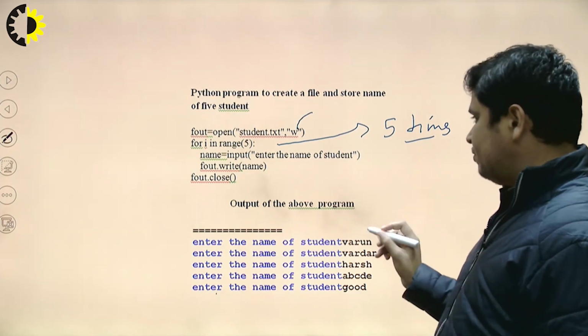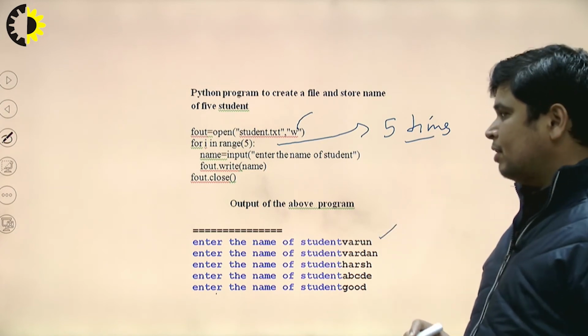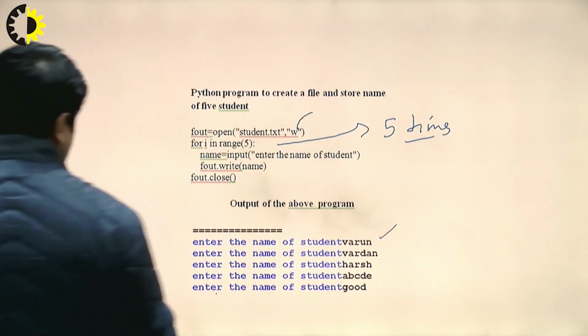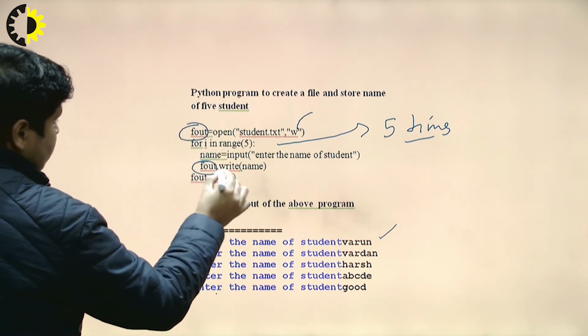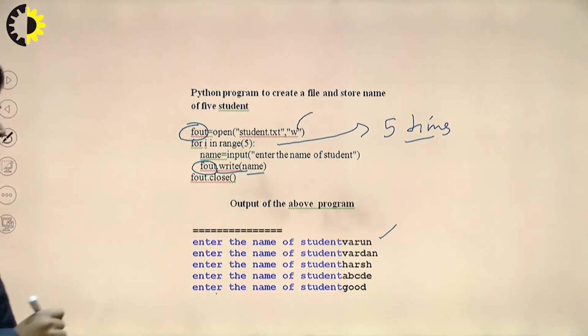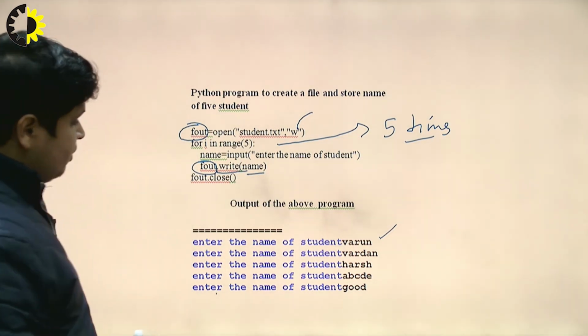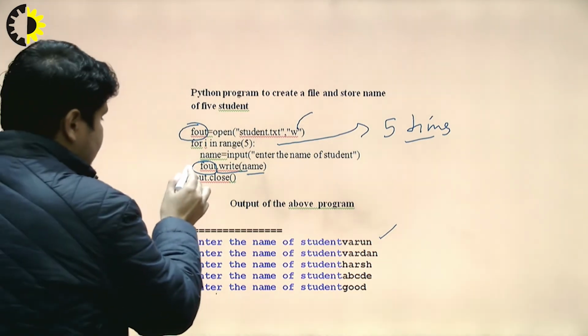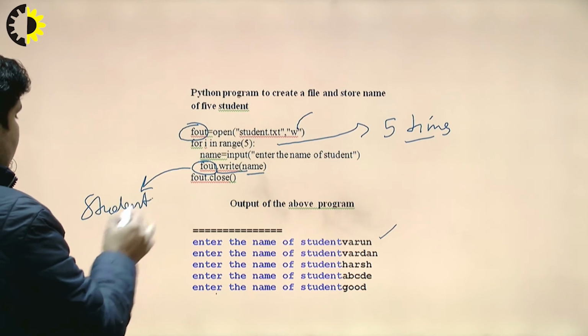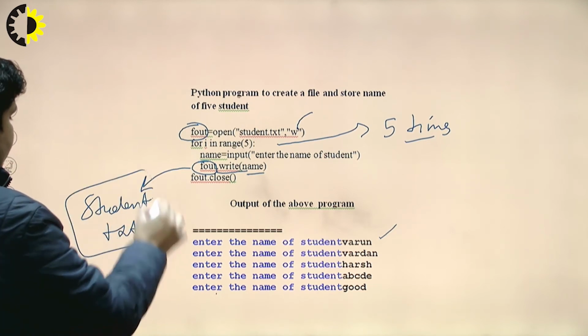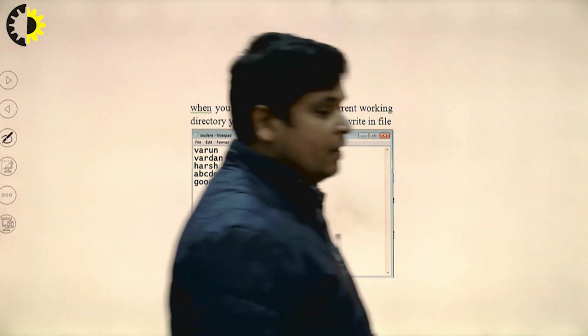The first student name I have written is Varun, and fout is the file object. With the help of the file object I am going to write the name of a particular student. This entire data will be written by this line inside the file student.txt. When you open the student.txt file in the current working directory, you will see all data has been written inside the file.